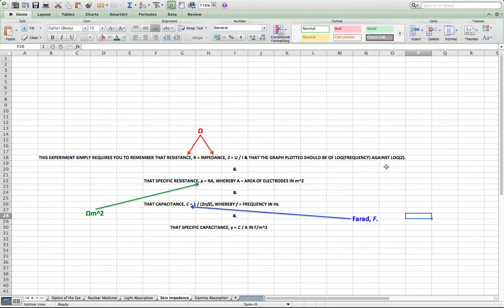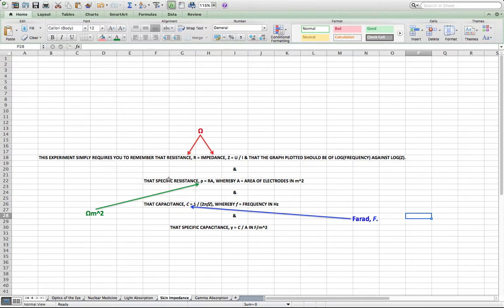And so your graph is plotting, as you were changing the frequency across the electrodes, that on the x-axis, log of that against the log of the impedance. You were obviously using logs because there were large changes in the data, ranging from like 20,000 down to 900, and all the way from 0 to 8,000 for the frequency. So logs allows you to fit the graph onto a better scale, basically.